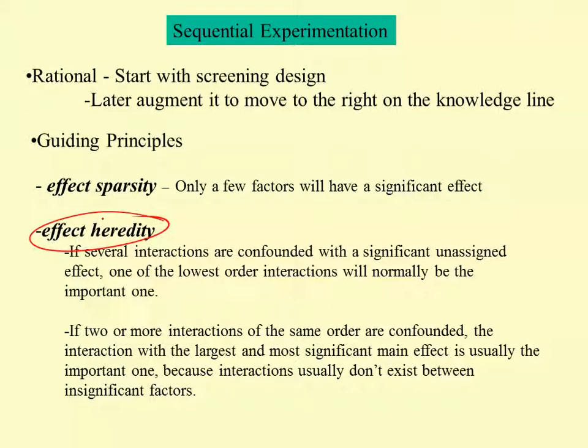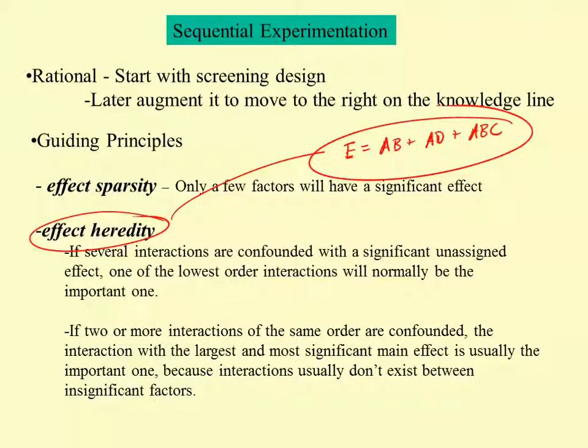If you have interactions, let's say factor E in a screening design turns out to be significant, and it's confounded with a two-way interaction there, another two-way interaction there, and a three-way interaction there. Let's make that up. These are interpretive guidelines for us. The first one is saying, okay, I've got a significant effect.